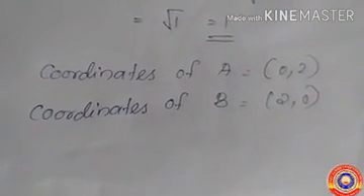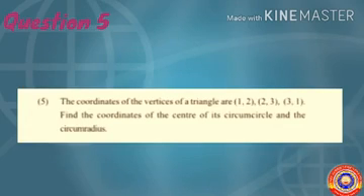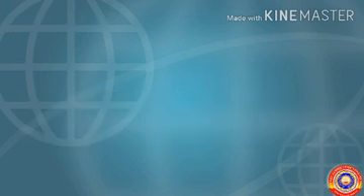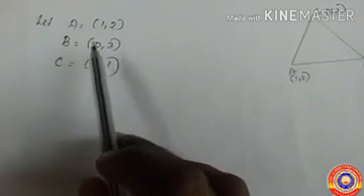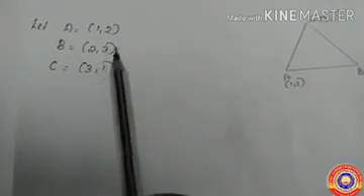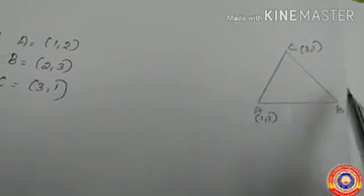Next, question number 5. The coordinates of the vertices of a triangle are 1, 2, 2, 3, 3, 1. Find the coordinates of the center of its circumcircle and the circumradius. Let A, B, C be the vertices of a triangle with coordinates 1, 2, 2, 3 and 3, 1.